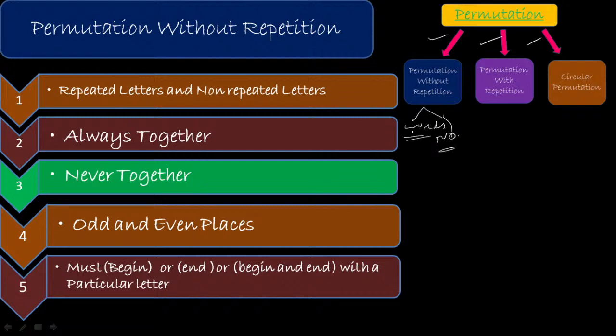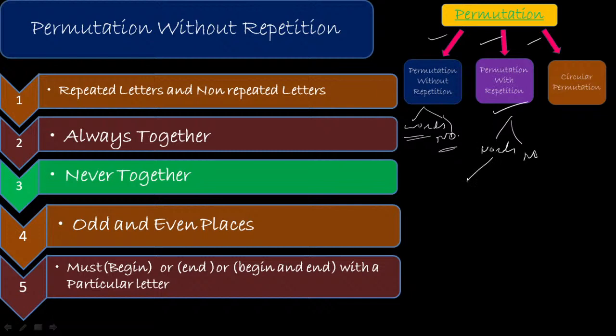That's what we have discussed so far. Next, let's move on to permutation with repetition. Here also we have 2 categories, in terms of words and numbers, as we did in the previous case.